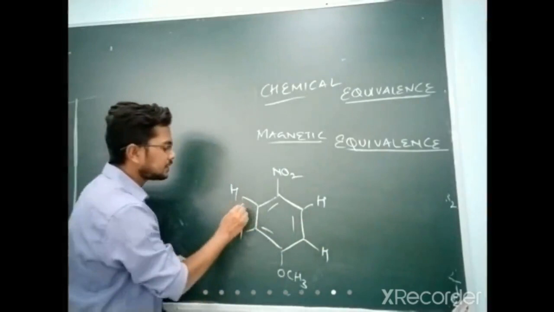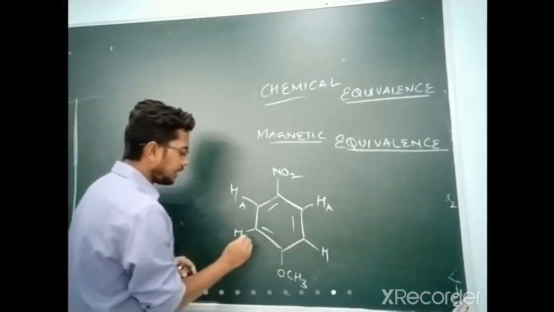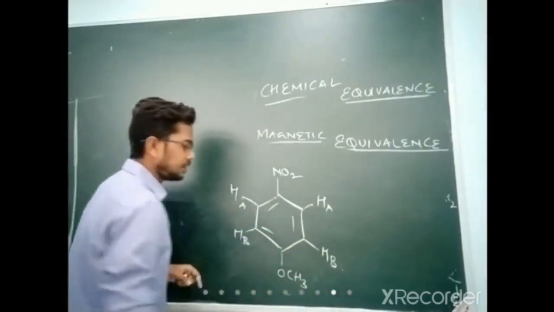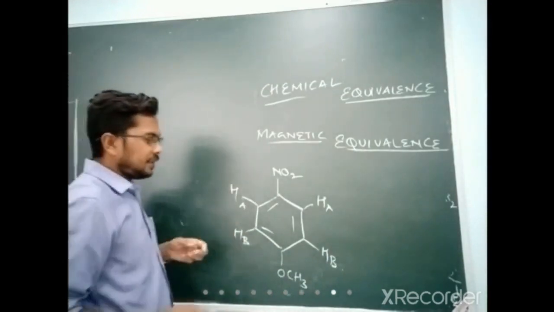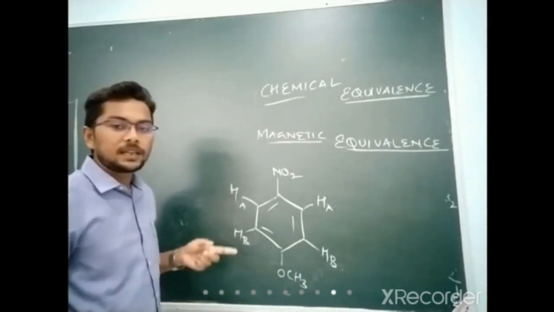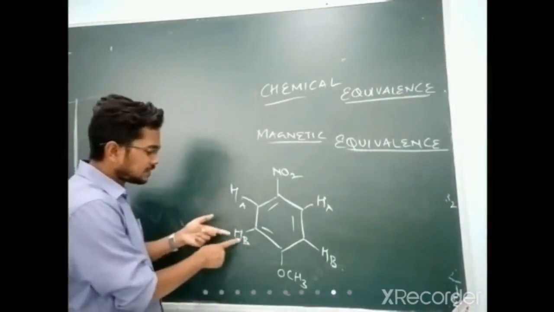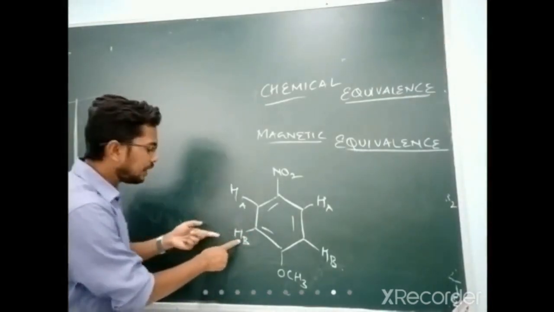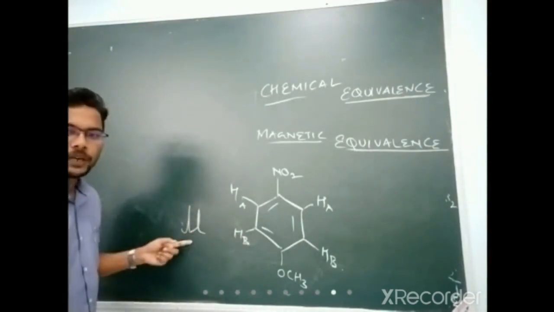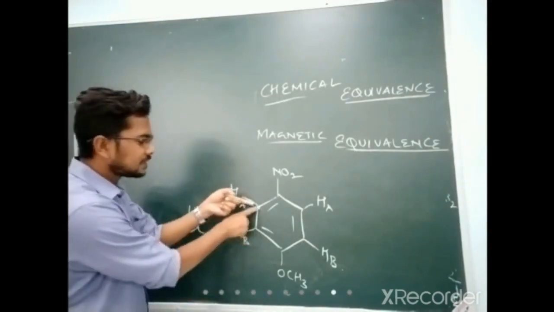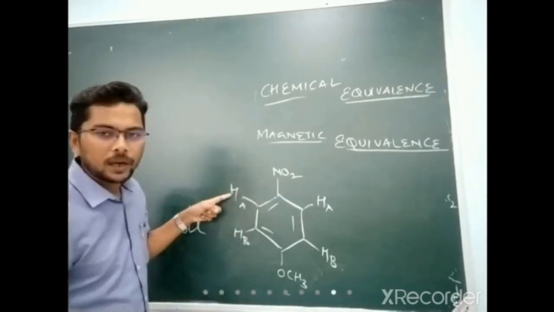So we can write this as HA and HB. But if I have to find out the coupling constant, this proton will appear as a doublet. Why? Because adjacent to this carbon atom there is only one hydrogen atom.